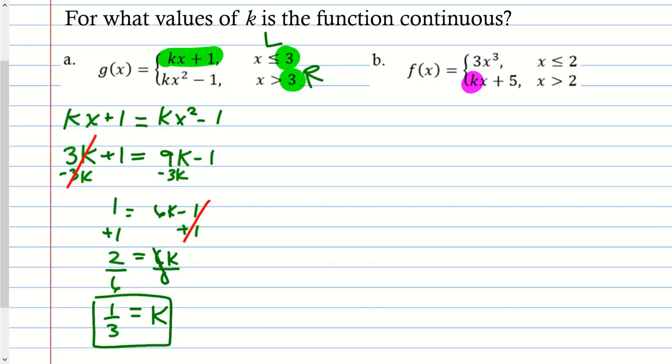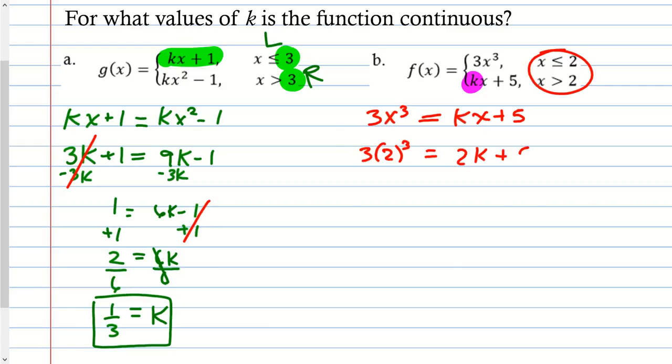Let's do red. So 3x cubed, that's the left, is going to equal the right, so k times x plus 5. Now, our x value is 2, because that's the point in question, where the pieces come together. So we plug in x equals 2: 3 times 2 cubed equals k times 2, which is 2k, plus 5. 2 cubed is 8, 3 times 8 is 24.